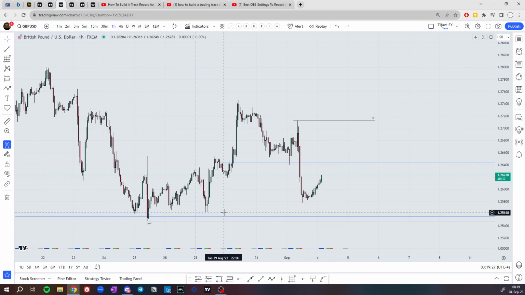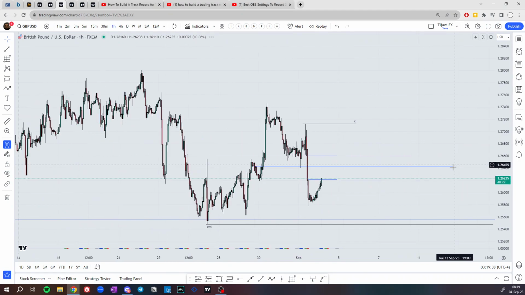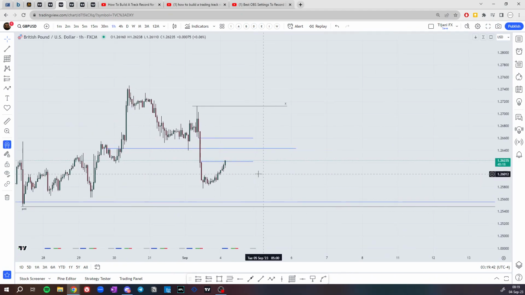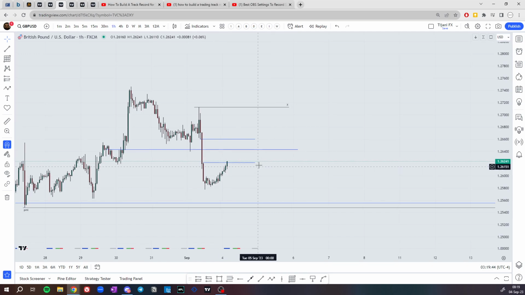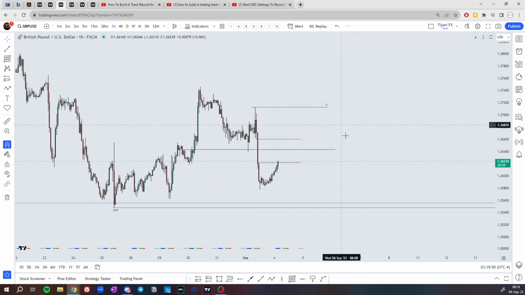And we have a 1-hour fair value gap right here. So this is what I'm expecting.